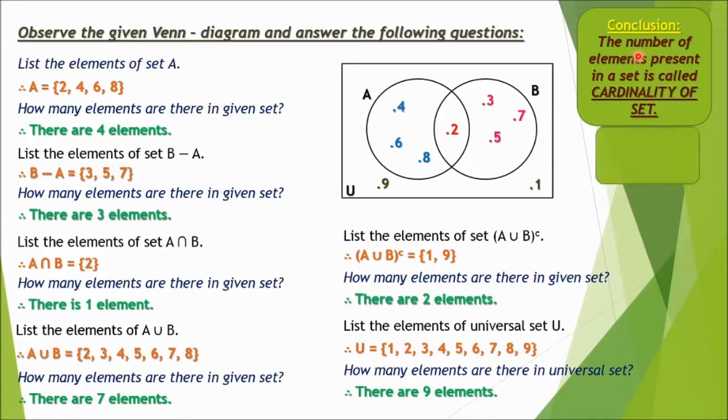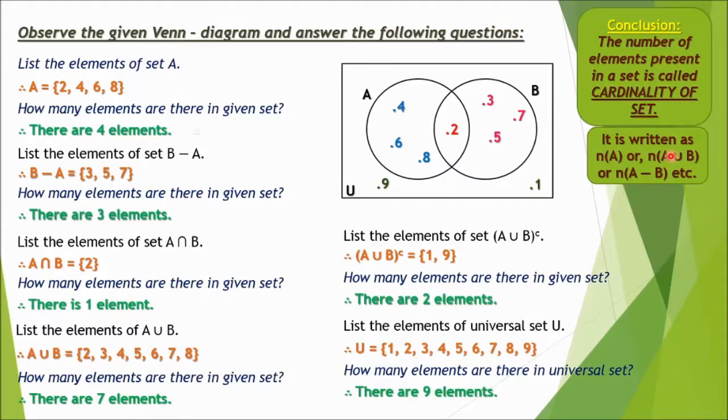Cardinality is written as the cardinal number. It's the cardinal number of set A. Here the cardinal number of set A is 4. The cardinal number of the set in this case is 3. It's written as n, small n, outside the bracket of the given set.